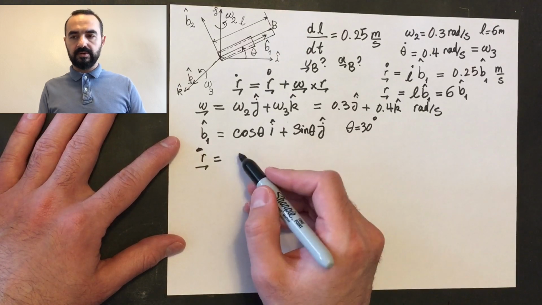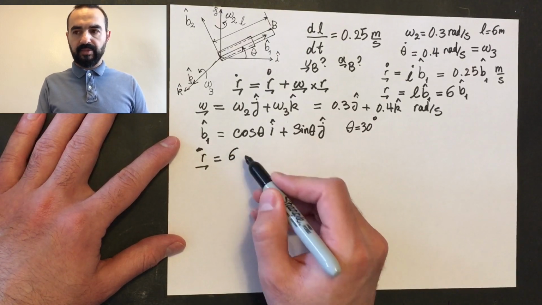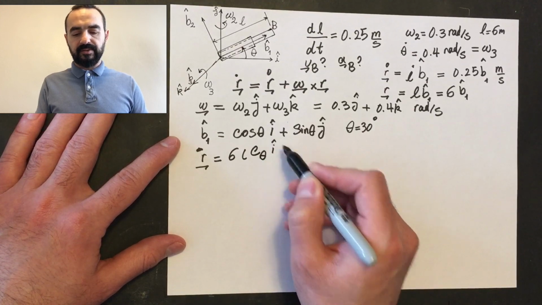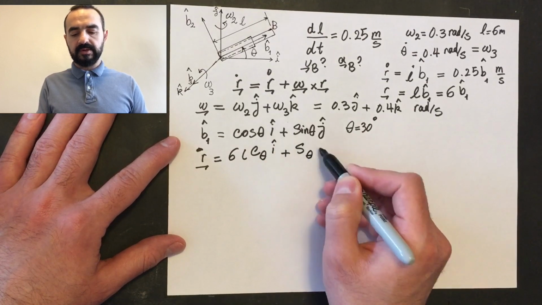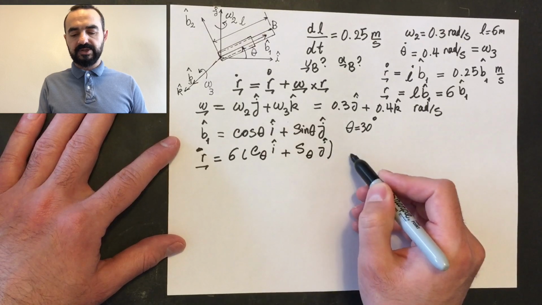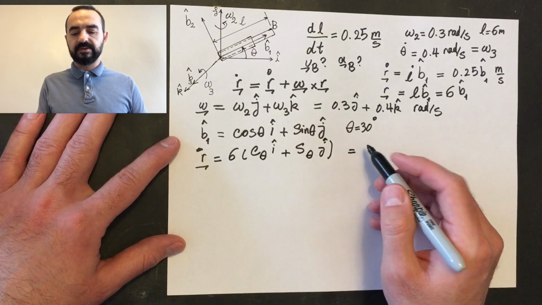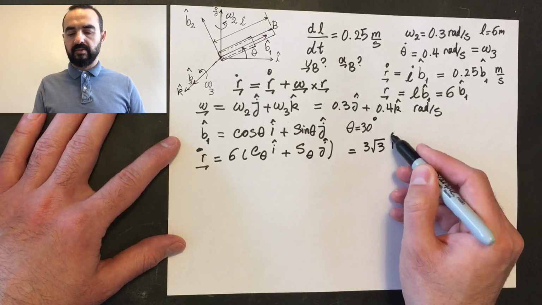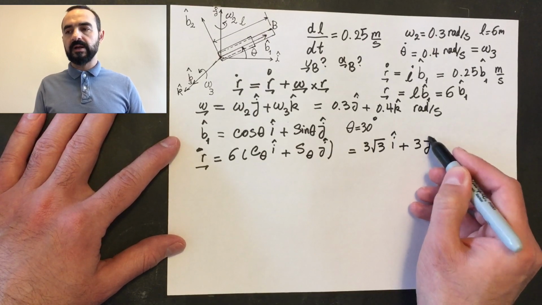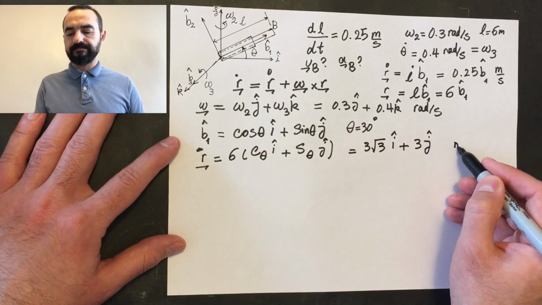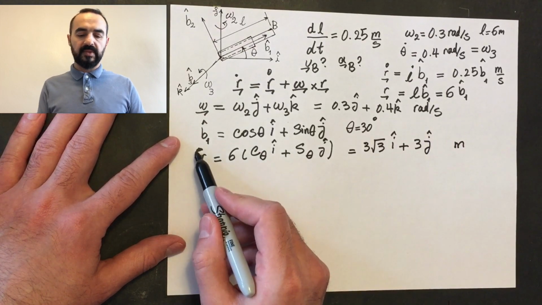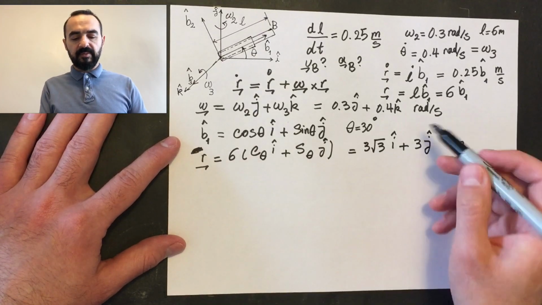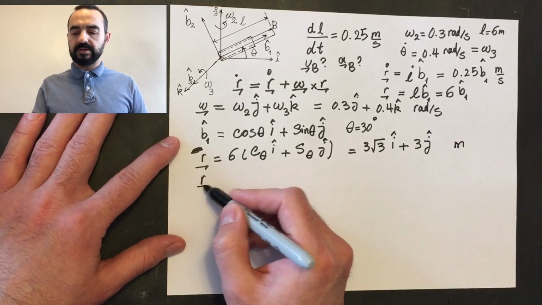So r is going to be equal to 6 times cosine theta I hat plus sine theta j hat, and theta was 30, so I perform this simple operation and get 3 I hat plus 3 j hat meters. This was r. Same thing for r circle.